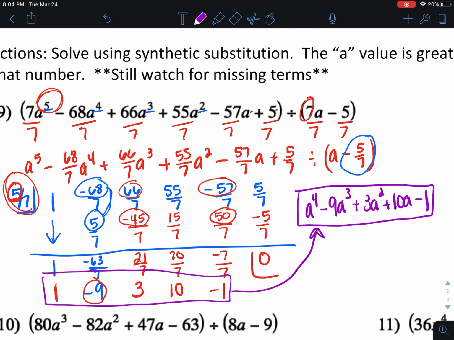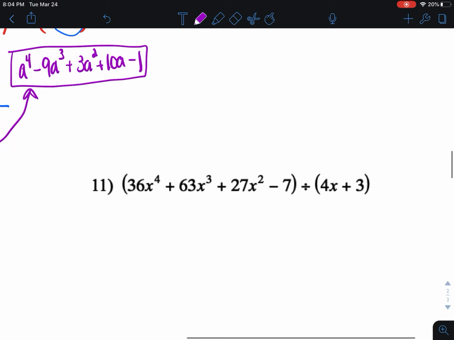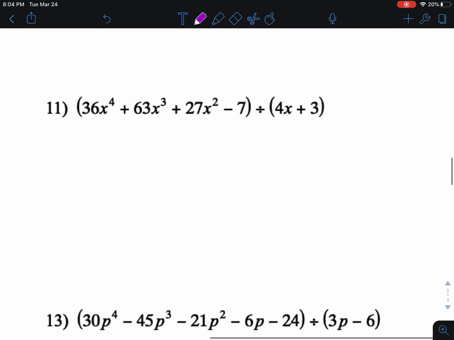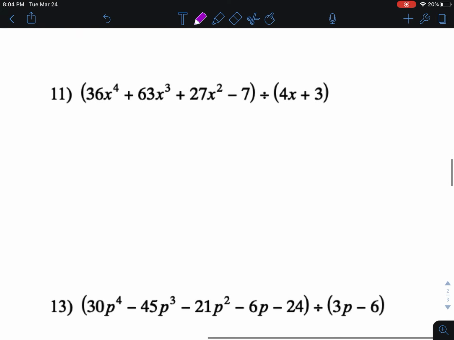Let's look at number 11. All right, so on number 11, I'm going to start off by looking at my A value. It is greater than 1, so it's a 4. So what am I going to have to divide everything by? Correct, 4. So we're going to divide everything by 4.